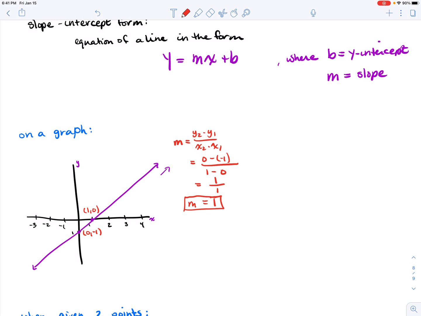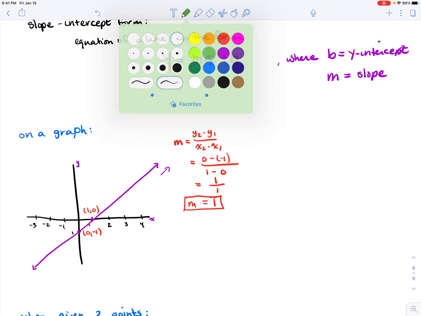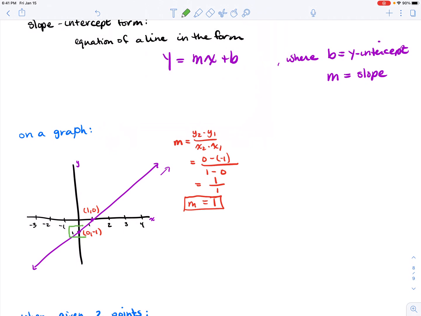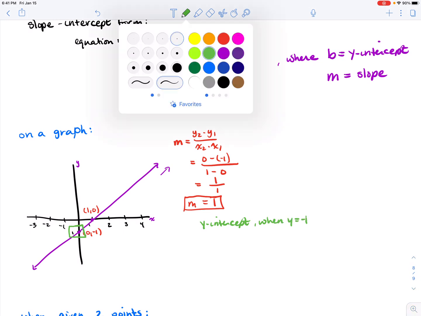Do I have a visual of my y-intercept? Yes, I do. My y-intercept is right here at (0, -1), so y equals -1 when x is 0. I want to write this now in my formula.